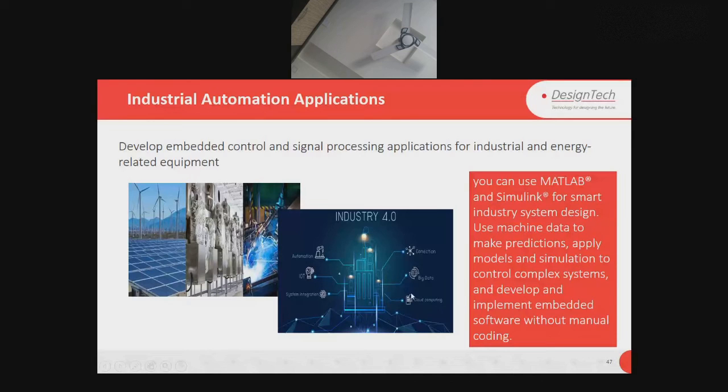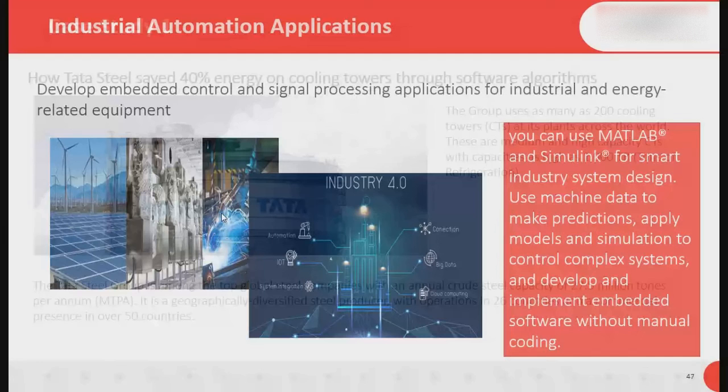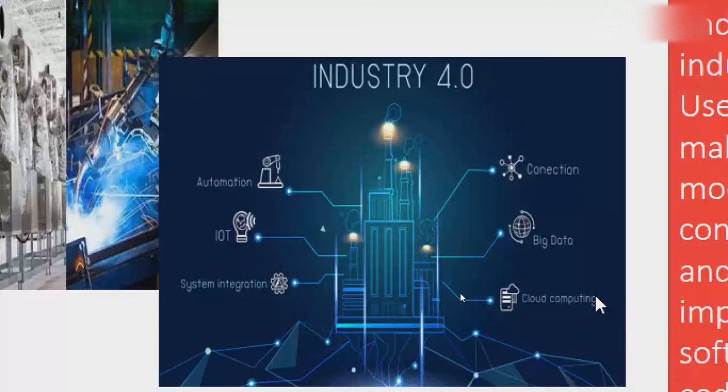Or if you are working on Industry 4.0 applications, if you are working on big data, or if you are using cloud computing, or if you have to integrate systems, or if you are using Internet of Things, these components which I am talking about, automation, IoT, and all these things are used in Industry 4.0.